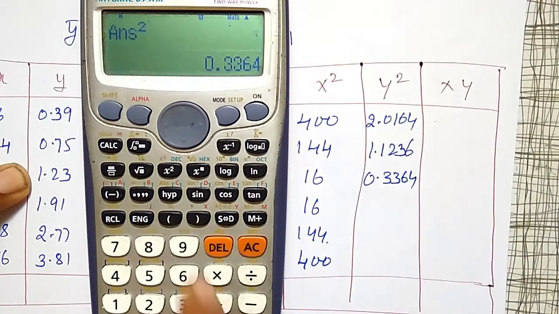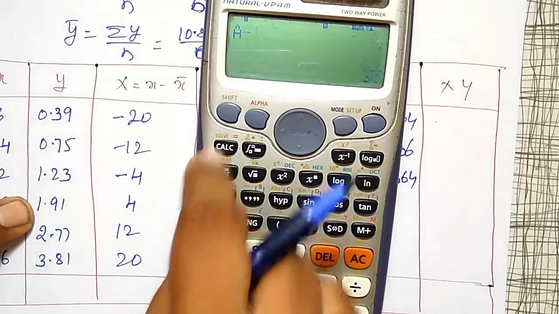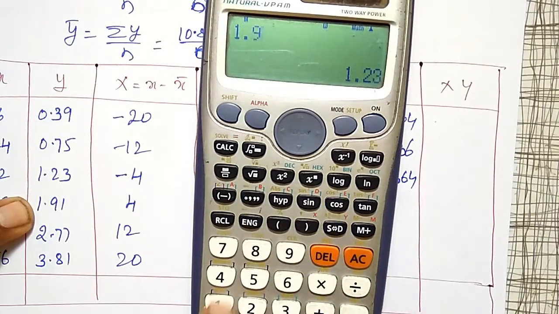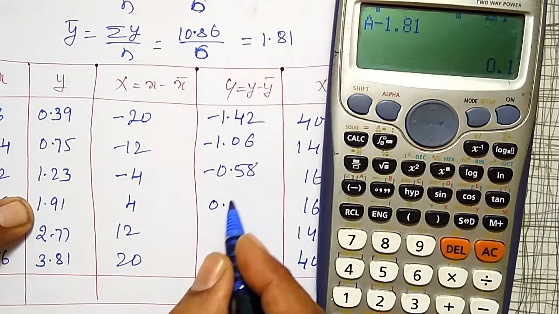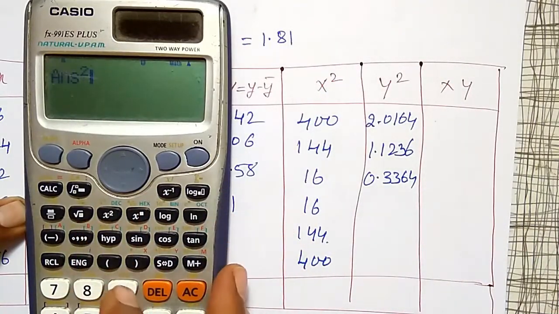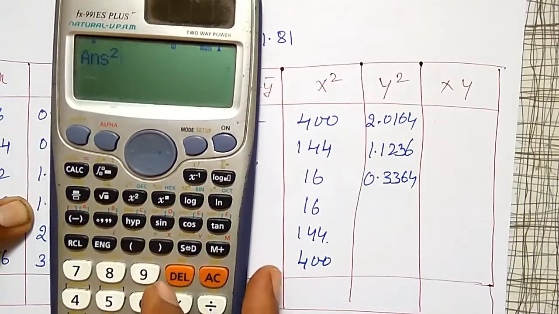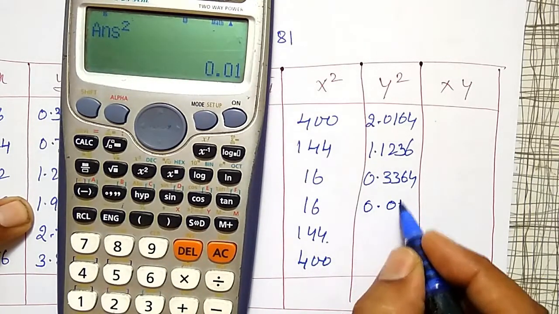Next, 1.91 minus 1.81 is 0.1, and its square comes out to be 0.01.